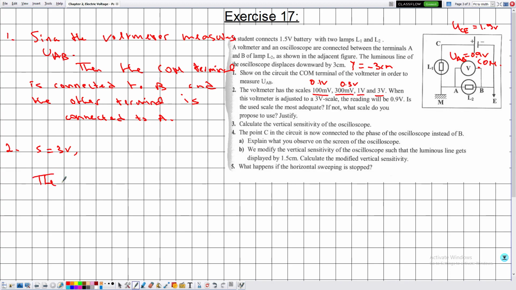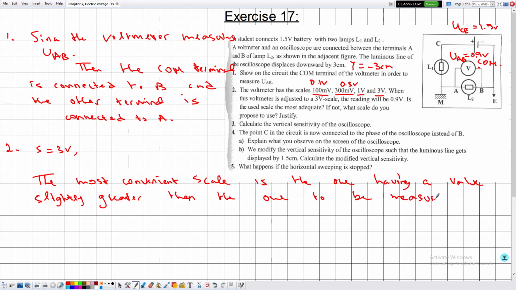The most convenient scale is the one having a value slightly greater than the one to be measured. If not, what scale do you propose to use? Justify.